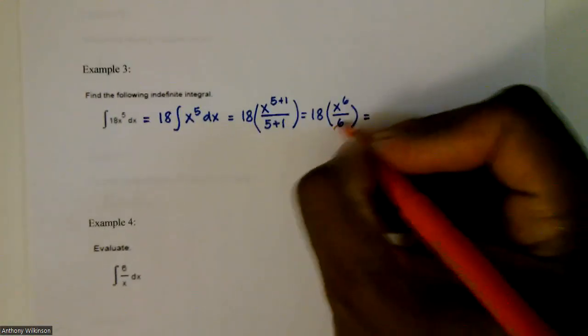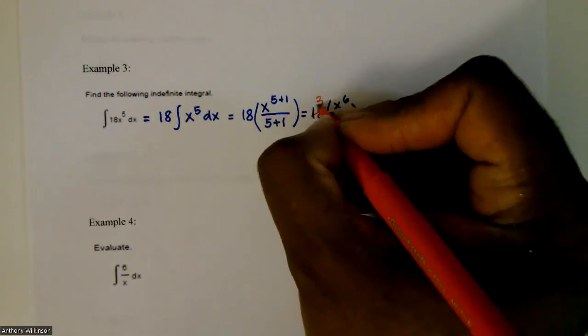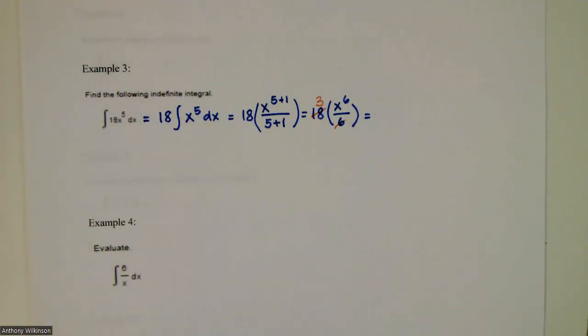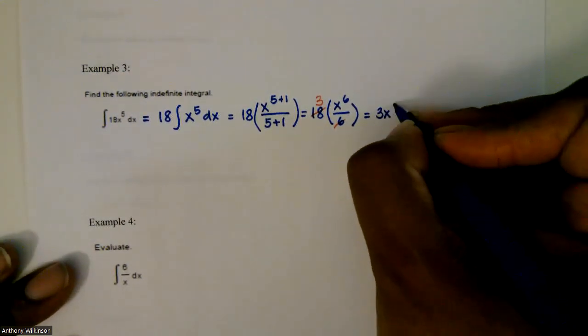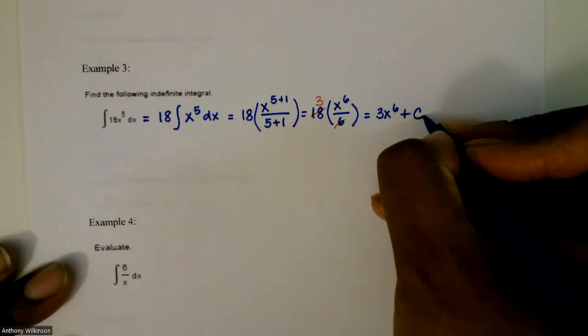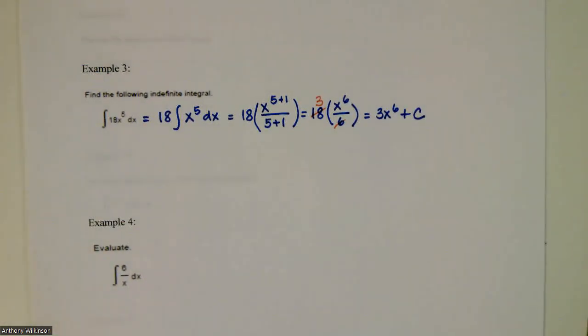I can divide 6 into 18. That goes 3 times. So I will end up with 3x to the 6. And of course, we had to add the plus c, since it's an indefinite integral. So the integral of 18x to the 5th dx ends up being 3x to the 6 plus c.